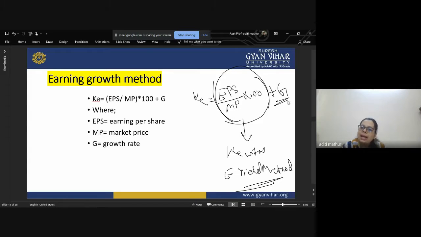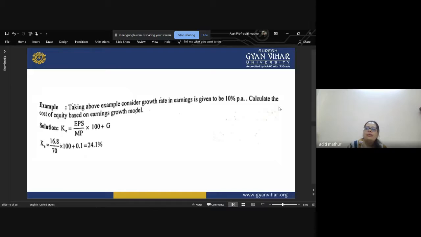Right? So you have just added the growth element and you will get your earning growth method's formula. So now let us see the question. Taking the above question, calculate the KE if the growth rate is 10%.